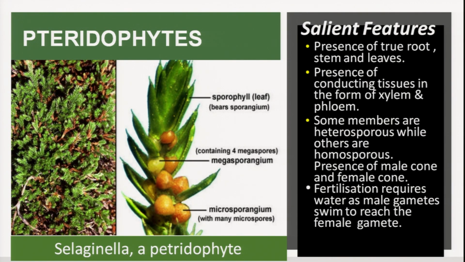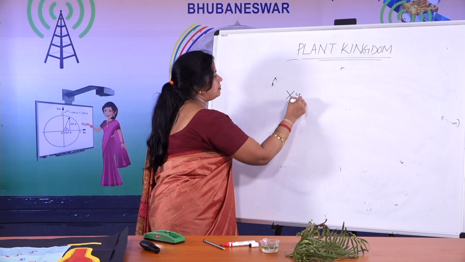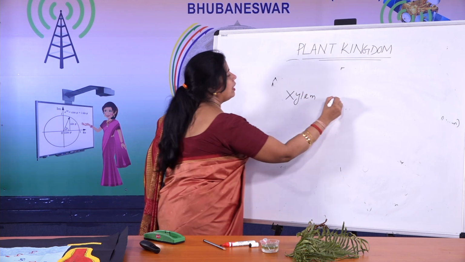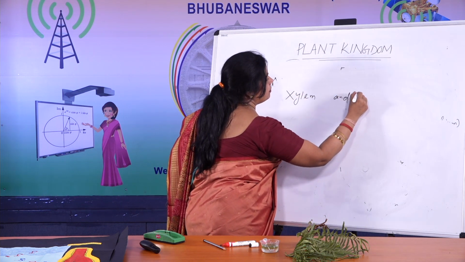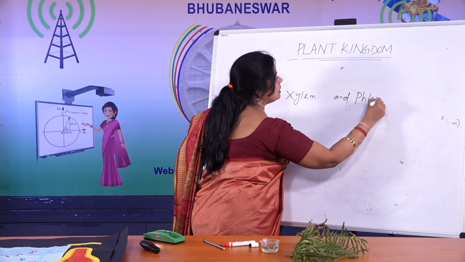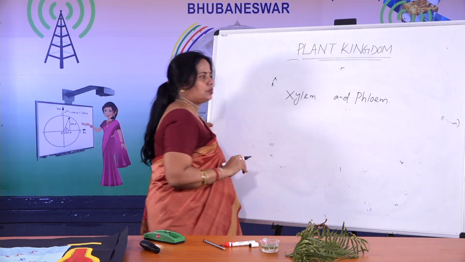Pteridophytes are the first land plants to possess the vascular tissues. What are vascular tissues? These are the conducting tissues, and the names are xylem and phloem.